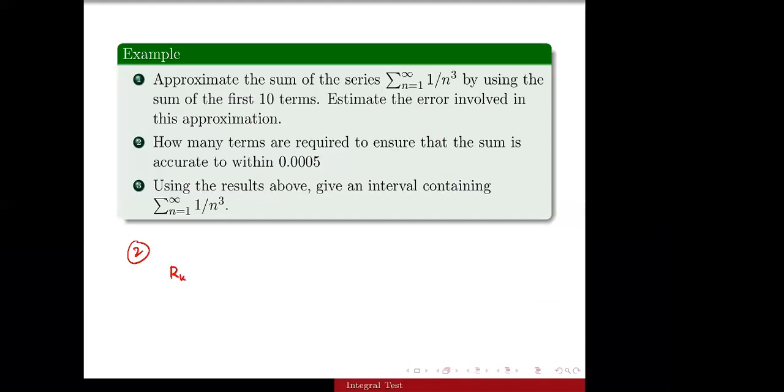How many terms are required? We want to find k. We want R sub k in absolute value to be within 0.0005.